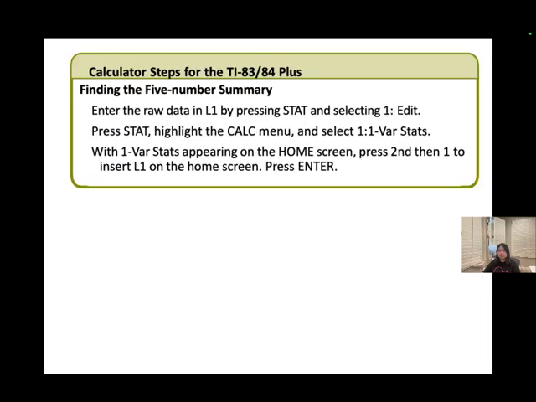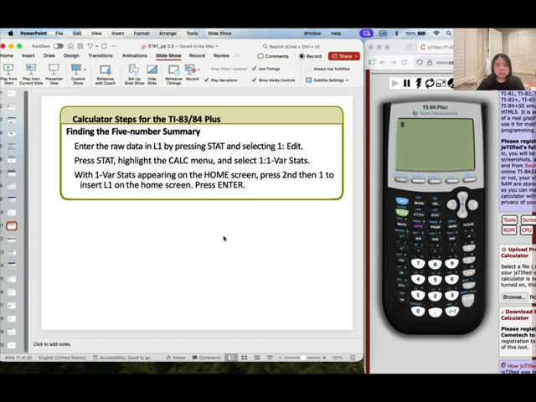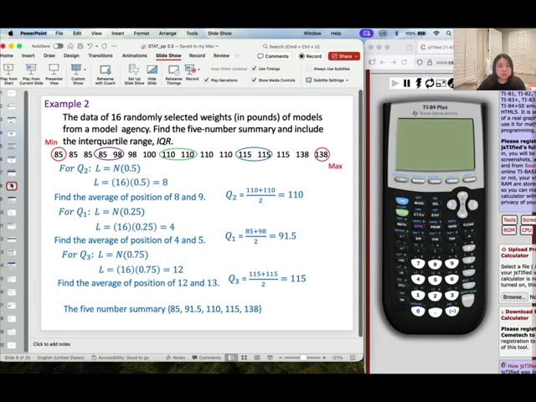Okay, this is how you use your TI-84 calculator to find the 5-number summary. Now let's try to use the calculator together. Let's work on example 2 and find the 5-number summary.